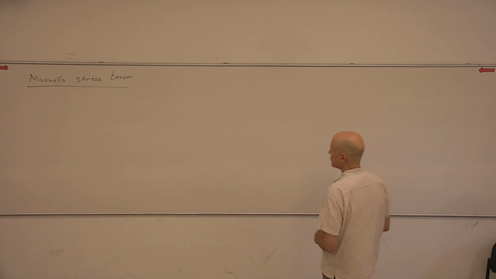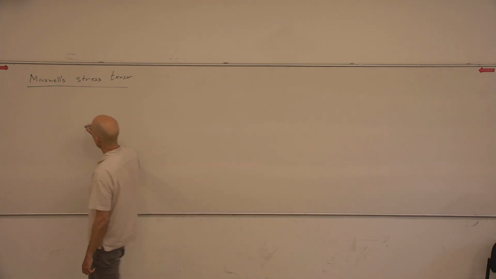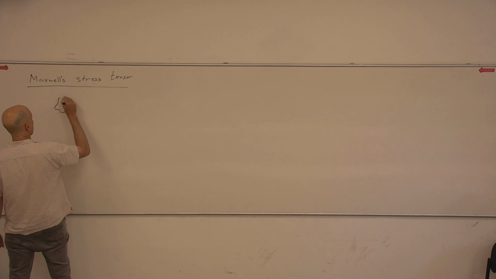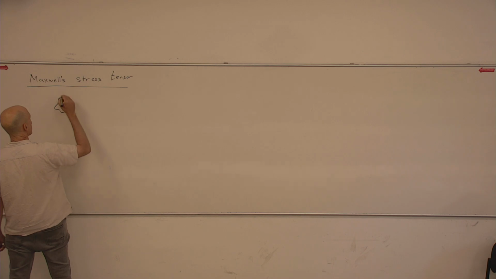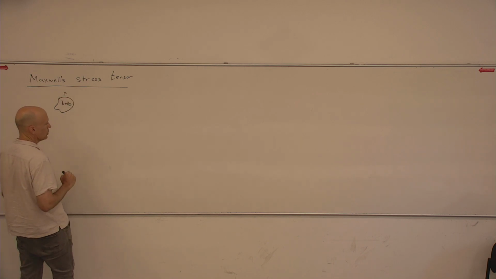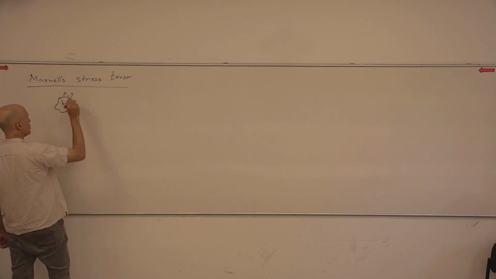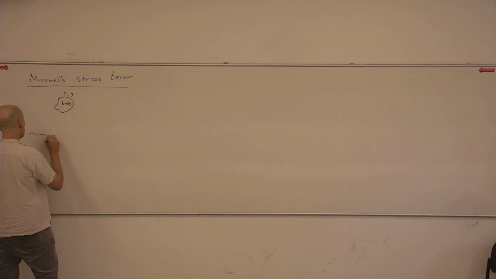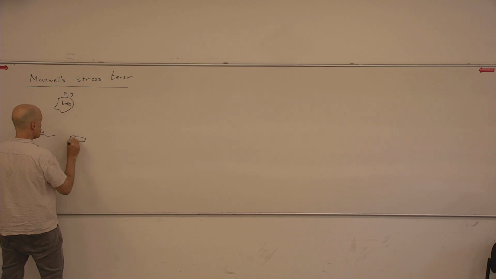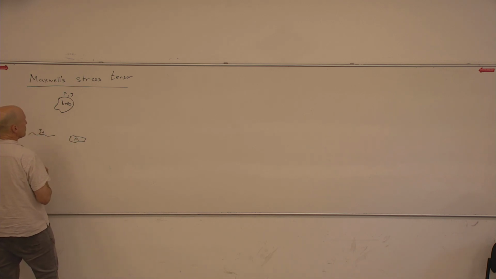So the setting is the following. We have some body. I'm going to call it body. And inside we have some charge, which I'm going to call rho, and there is possibly some current J. Now far away there might be other currents, J1 and something rho1.